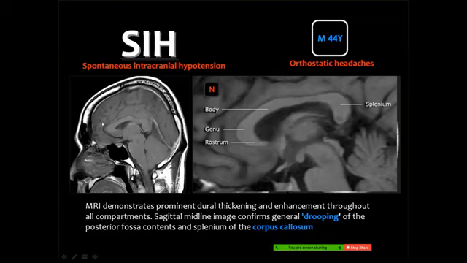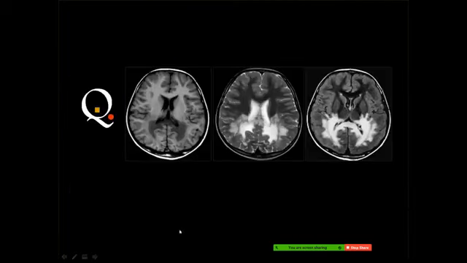You can compare the normal appearance of the corpus callosum with the corpus callosum of the spontaneous intracranial hypotension, and you can easily appreciate the difference. Then the next case.